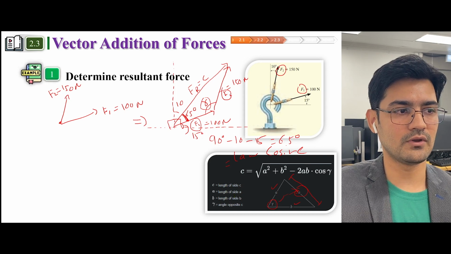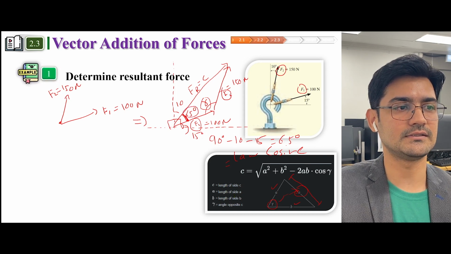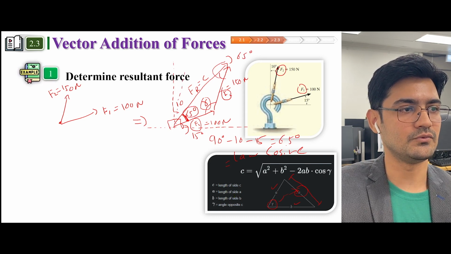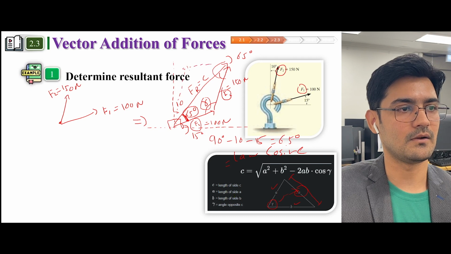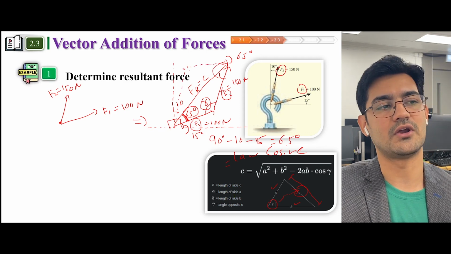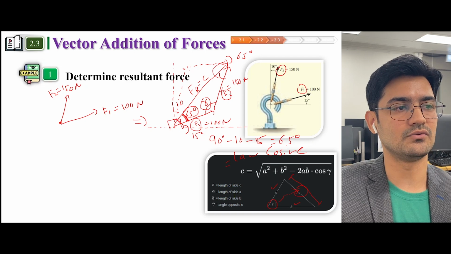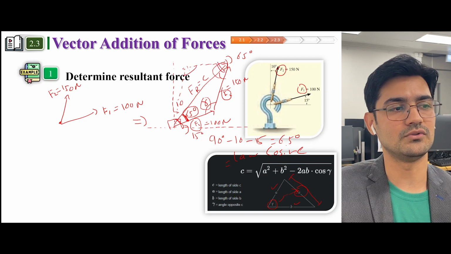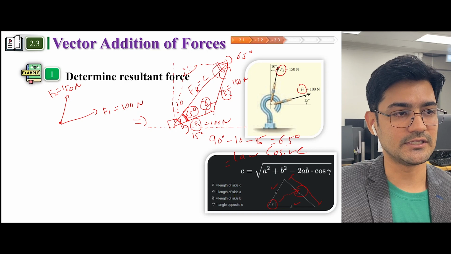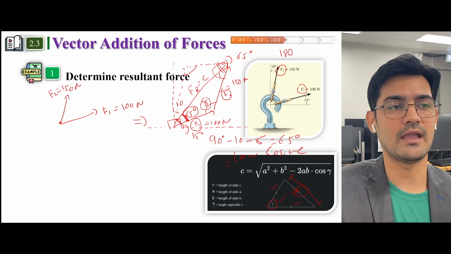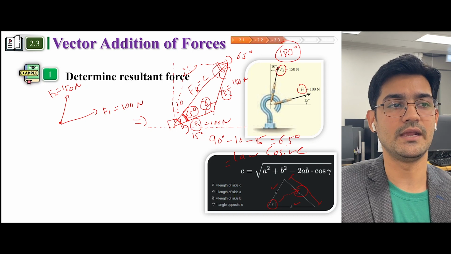Now if this is 65 degree, this is also 65 degrees, because we used the parallelogram law before, or the triangle law. So in a parallelogram, this angle is equal to this angle and this angle is equal to this angle. So anyways, this is 65, this is 65, and we know that the total angle of a triangle is 180 degree.